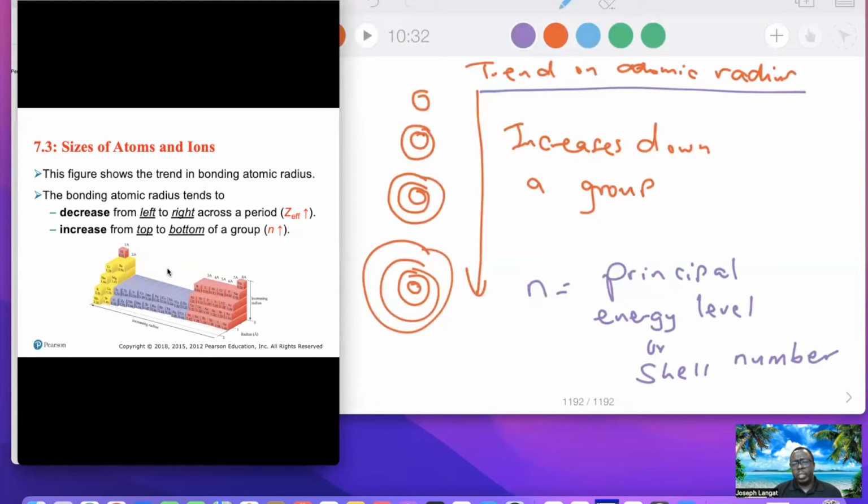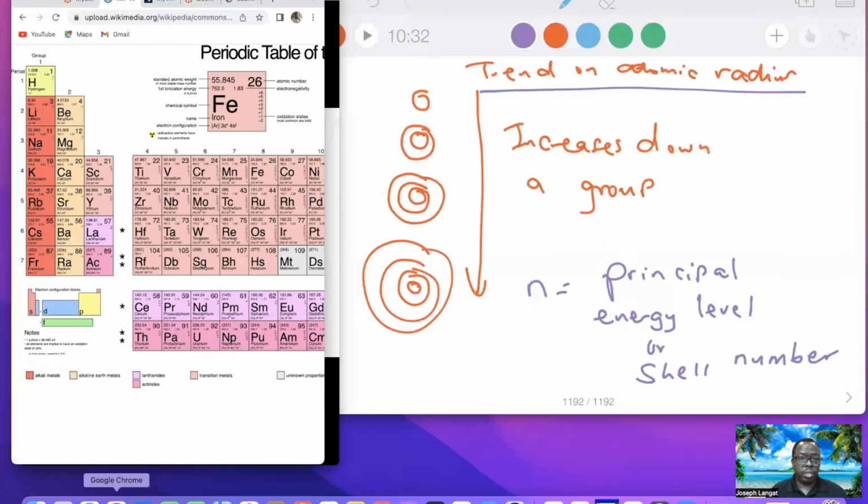Well, you may see a general question on the trend, but you may be given a periodic table and asked to arrange elements according to increase in atomic radius, decrease in atomic radius, or which one of the following has the least or the most atomic radius.